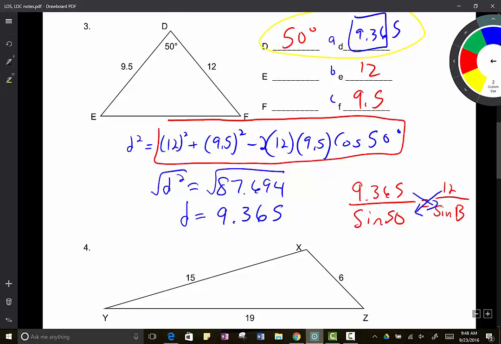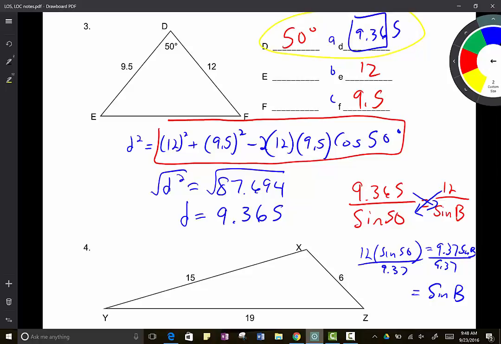Okay? So we're going to get 12 times the sine of 50 equals 9.37 sine of B. Divide both sides by 9.37, and the sine of B is going to equal 12 times sine of 50 divided by 9.37. I got 0.98.